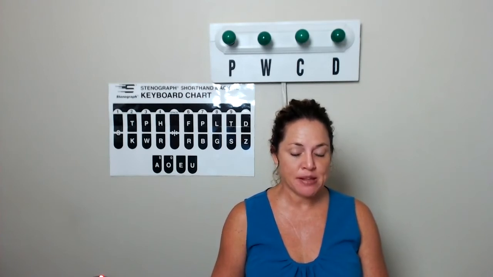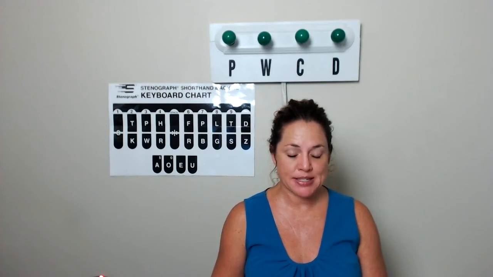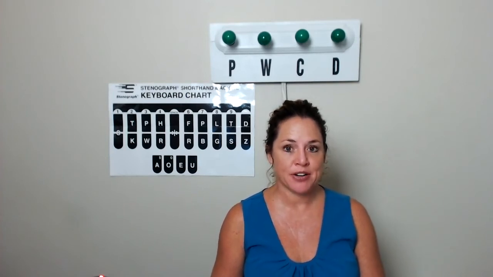So it's M period space, C period space. Okay, so capital M period space, capital C period space, and then Pathfinder. Okay.